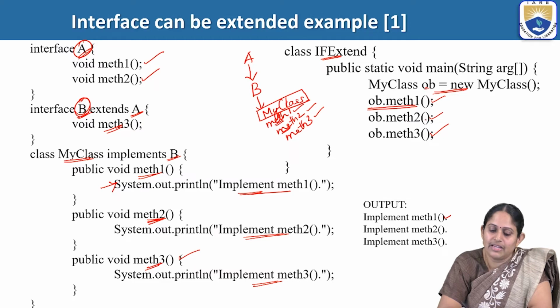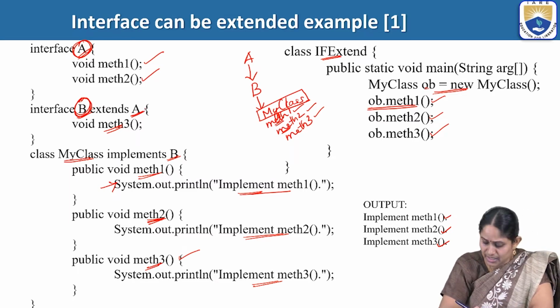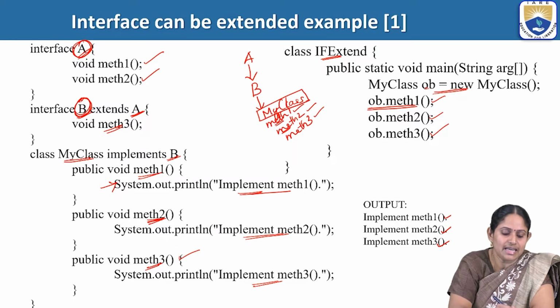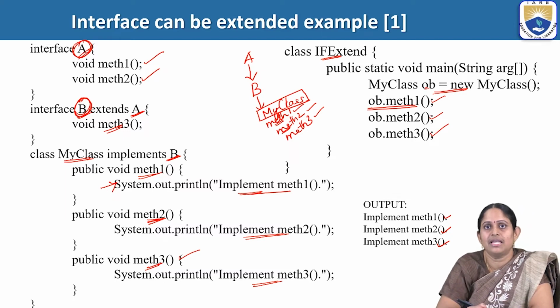Similarly, when the MyClass object invokes meth2, you get the output for meth2, and when it invokes meth3, we get the output for meth3. So here we have interface B extending another interface, and any class implementing that child interface has to give the implementation for all the abstract methods available in the parent and the child interface.